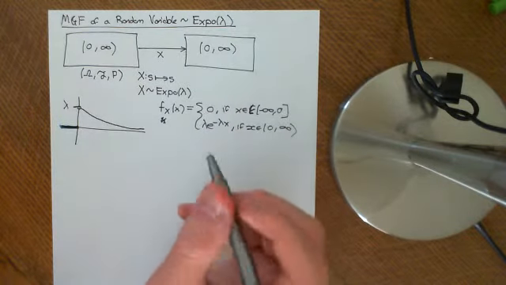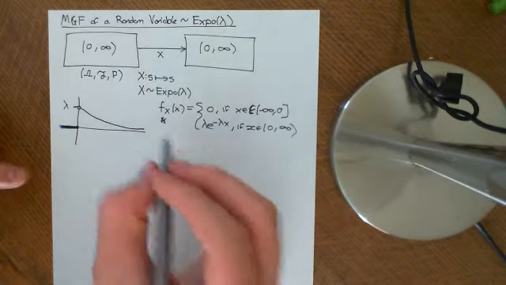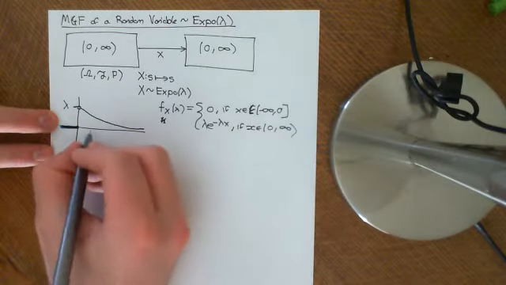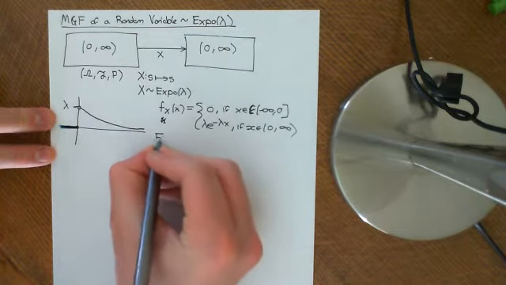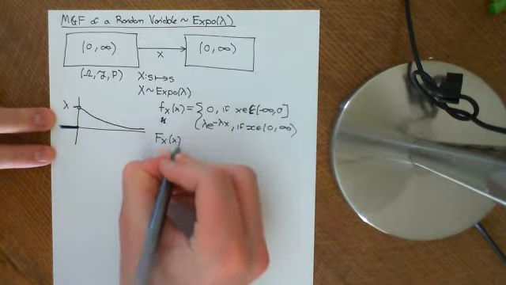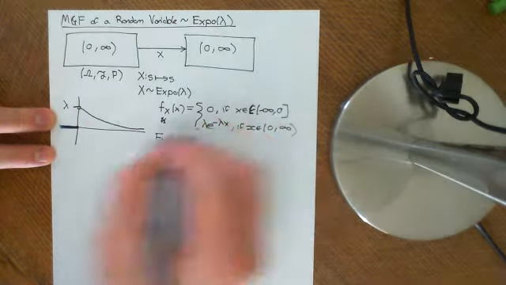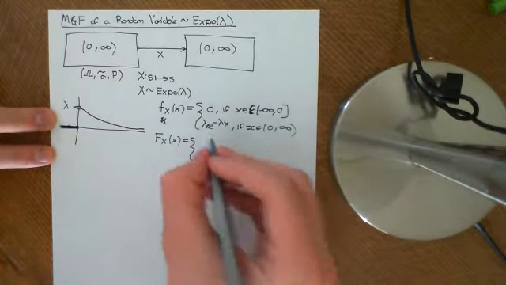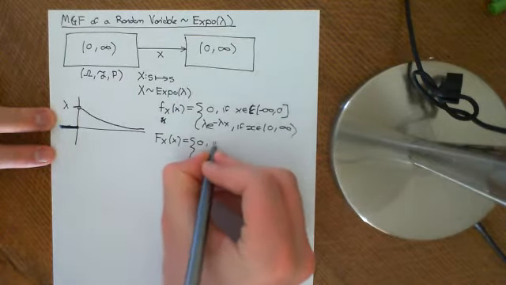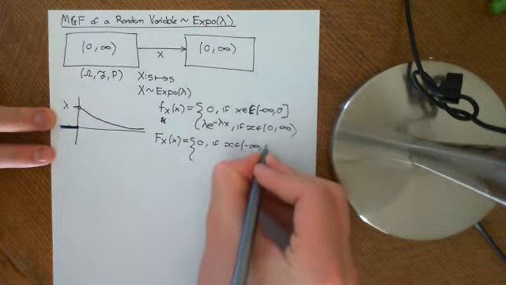Okay, so this is our PDF here, and our corresponding CDF is the integral of this. If you integrate up to some negative or non-positive real number, you're just integrating 0, so it's going to be 0 if x is an element of negative infinity to 0.